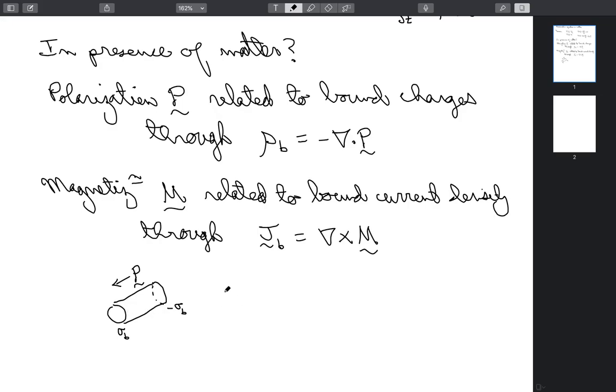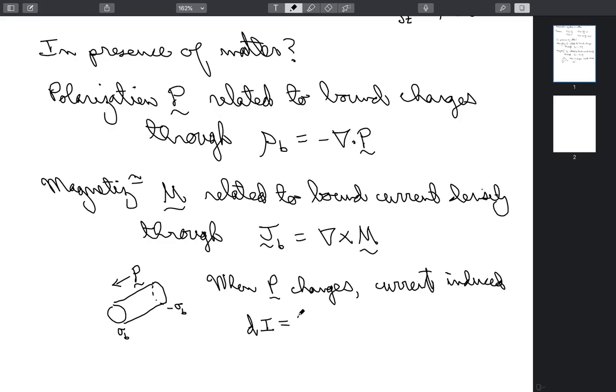So when P changes, essentially what I can write is that there's a current which is induced. And the little current element that I have here, I would write, say, as a dI. What would that be?